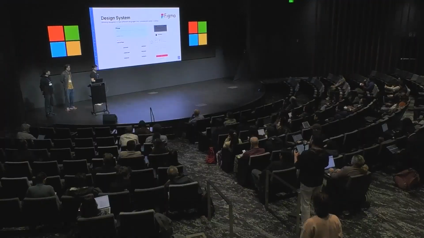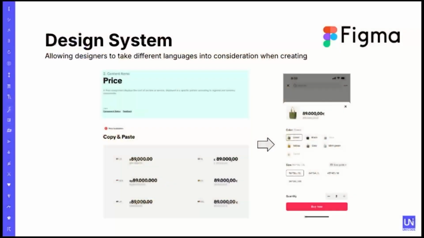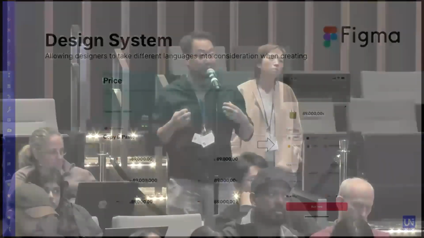Does that happen before the development, where the content is localized and they get the design back so that they can test it? And then on the right side, I see the application. Is that post-development where folks come in and test it? Is that a separate QA process, or is that part of the whole design system?